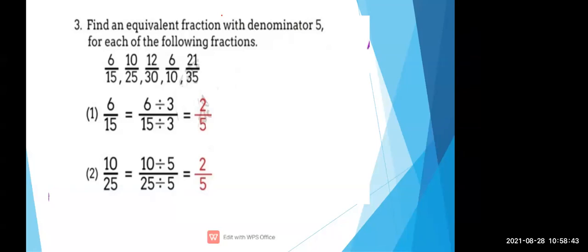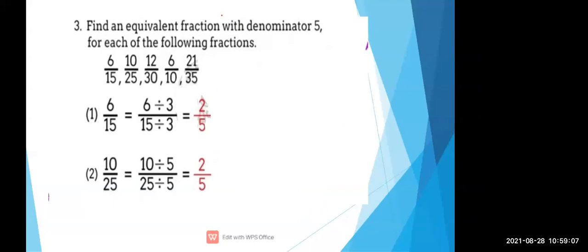But by these steps we get an equivalent fraction, that is 2 upon 5. In all of them I got 2 upon 5 only. So when the numerator and denominator are different but we still get the same value, that is called an equivalent fraction. Copy down fast in your notebook.